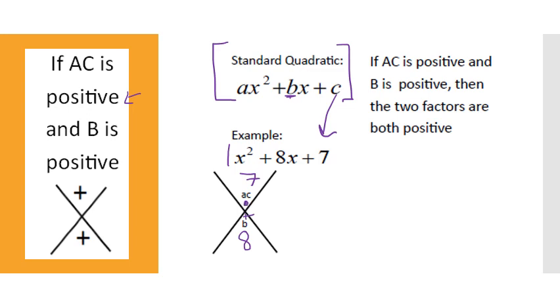So if I go to my factors of 7, I only have 2 of them, 1 times 7. 1 times 7 should multiply to 7 on the top, and it does. 1 plus 7 is 8. So I know that's my 2 factors. When a is 1, I can go right to my solution. I use the 2 numbers that I wrote down on the left and right. x plus 1 is one of my factors, and x plus 7 is my other factor.